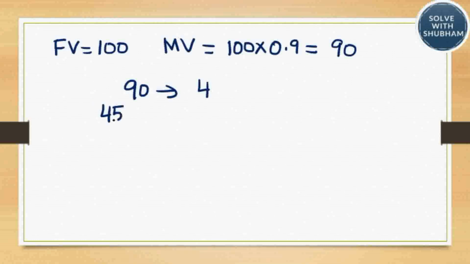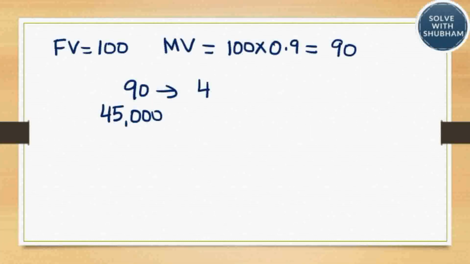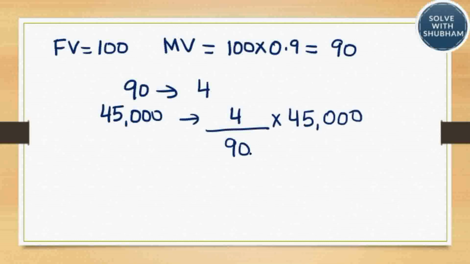You have invested 45,000. Yes? Yeah, your total investment is 45,000. So your income will be 4 by 90 into 45,000. So 2,000.